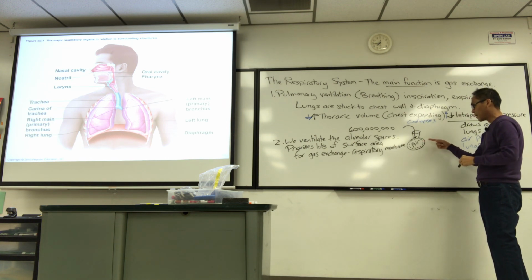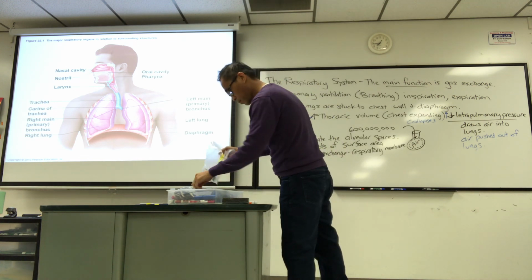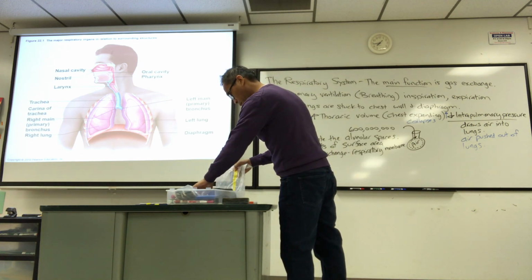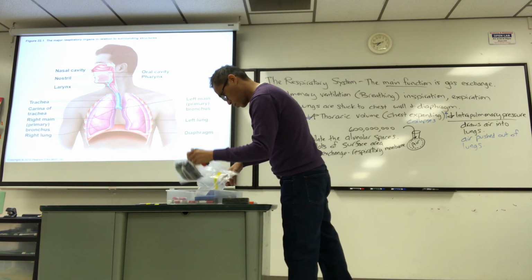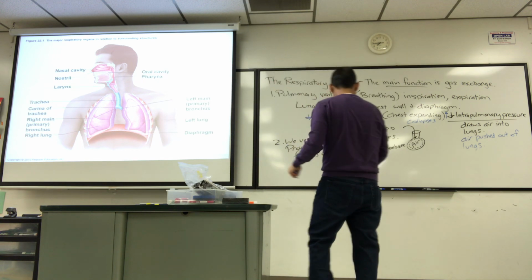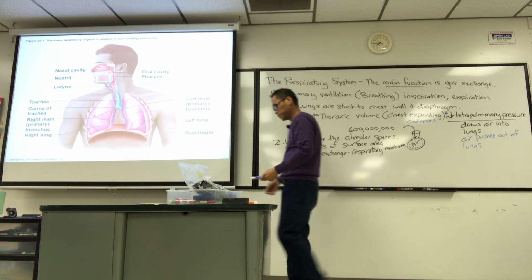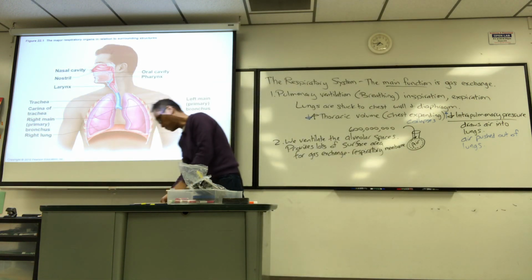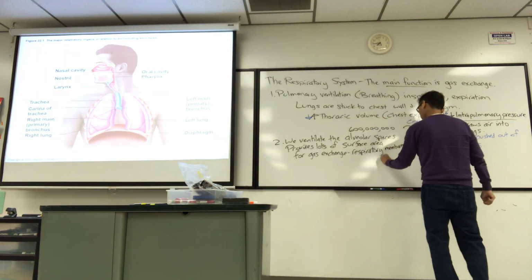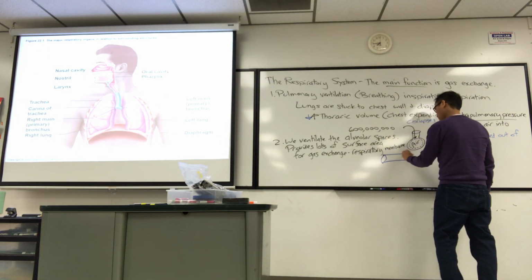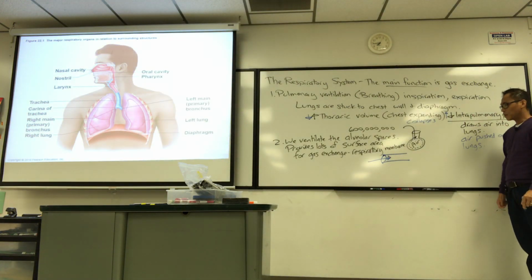Well, okay, you got the air there, that's the alveolar space, but then I have to draw a blood vessel. Now you know pulmonary circulation. When blood comes in, it's oxygen poor, right? The pulmonary arteries pump it to the lungs to get oxygen.